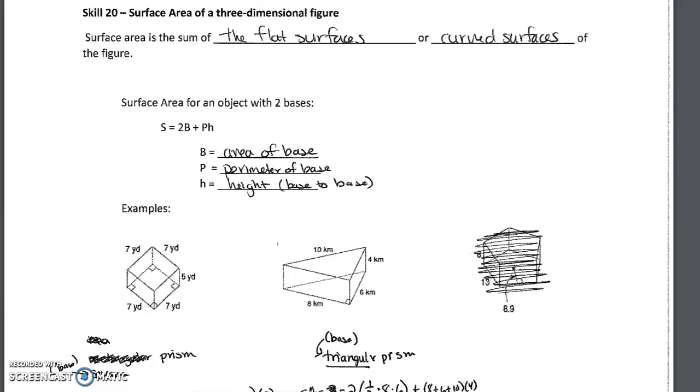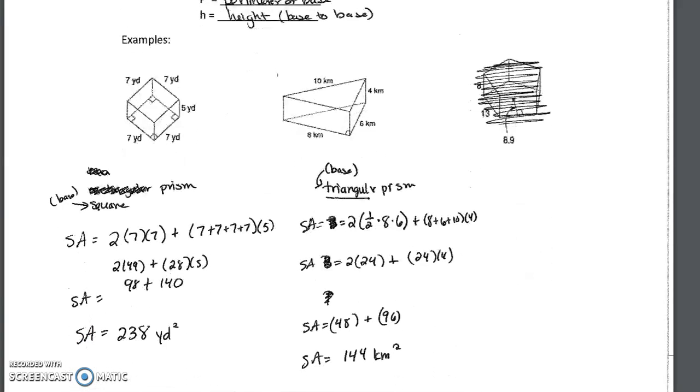So if you look, your formula should be 2 times the area of the base, 7 times 7, plus 7 plus 7 plus 7 plus 7, that's the perimeter of the base, times the height.